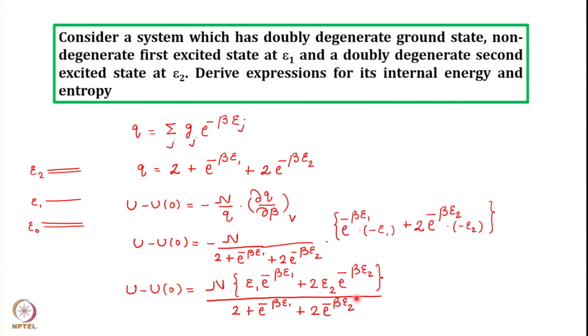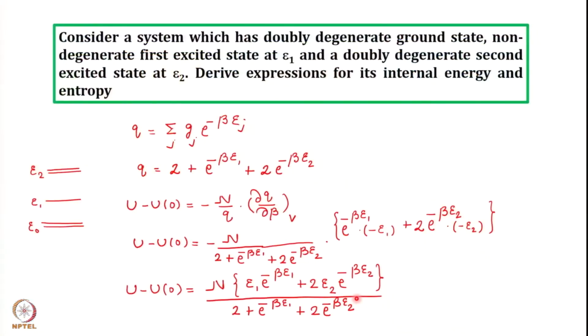Now that we have the expression for internal energy, you can also derive an expression for heat capacity at constant volume from this expression. Because remember that Cv is del U by del T at constant volume, or is equal to minus 1 over kT square into del U by del beta at constant volume.